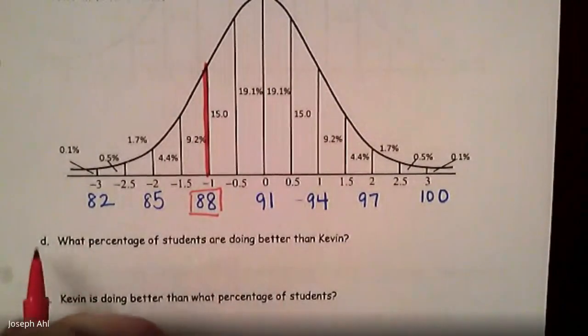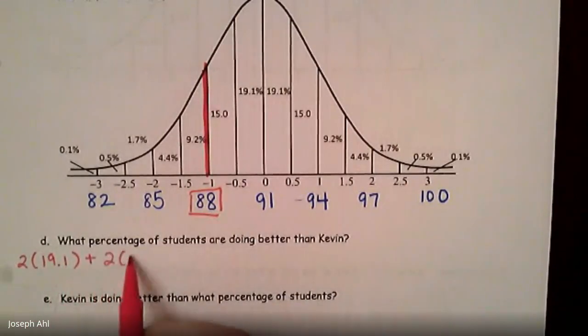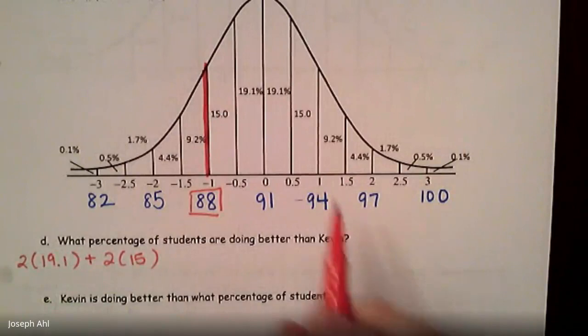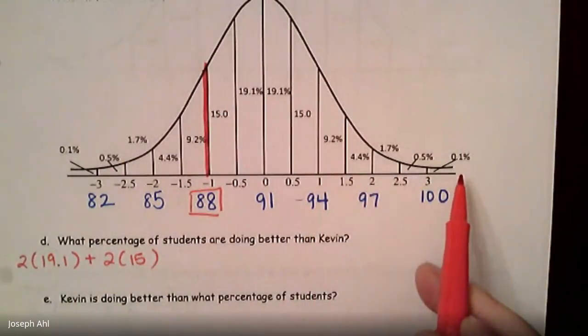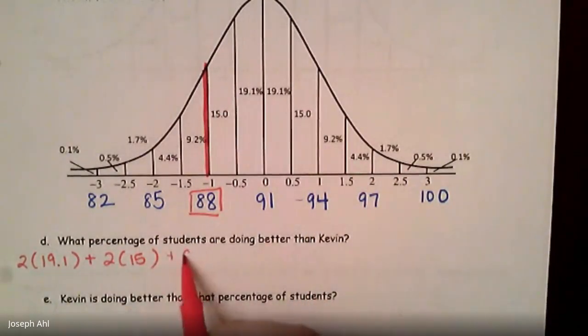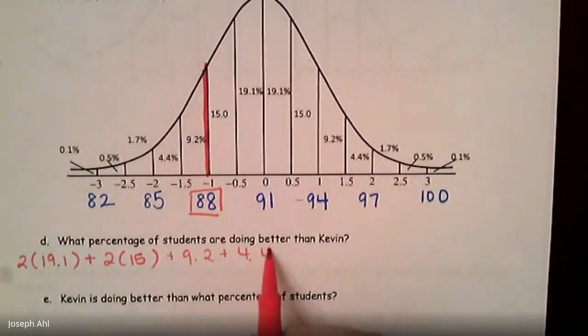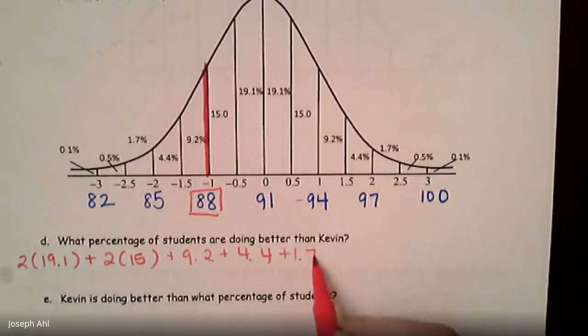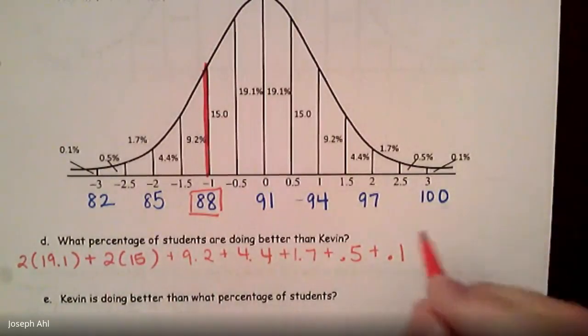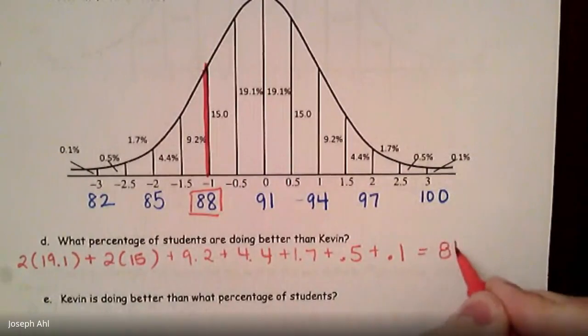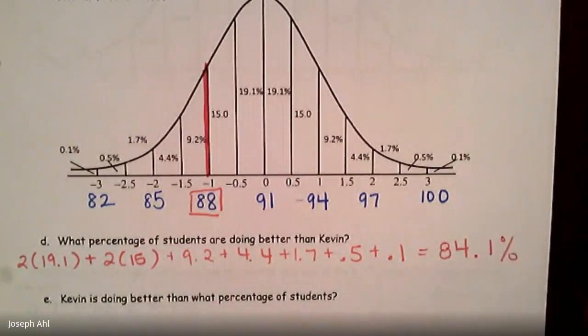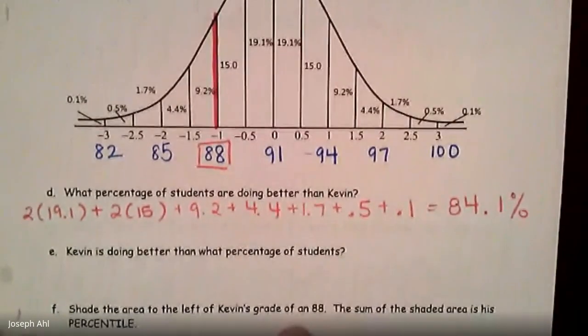So you can shortcut this a little bit and say it's 2 times 19.1 plus 2 times 15. And then going all the way to the end of this tail, plus 9.2, 4.4, 1.7, 0.5, and at the very end, 0.1. If I add all of that up on the calculator, you can trust me on this one or double check it, but that should be 84.1% of the students scored better than Kevin on this particular test.